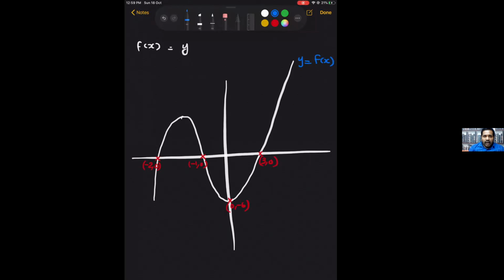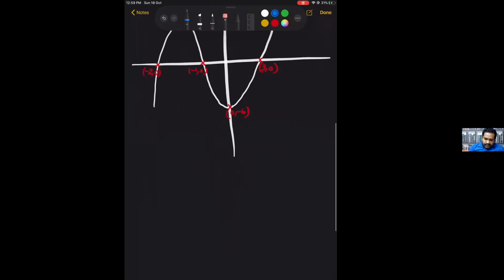Now I would like to represent the same graph for y is equal to modulus of f of x. What will be the strategy?